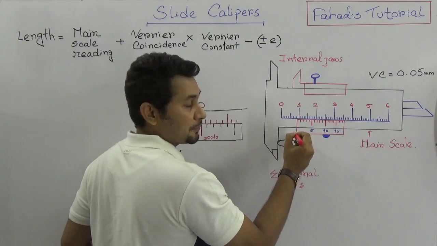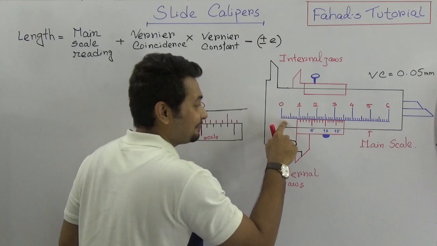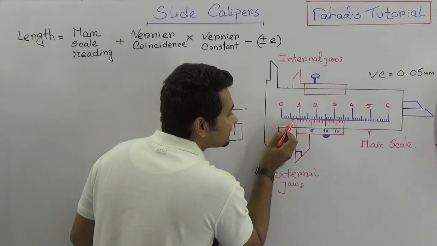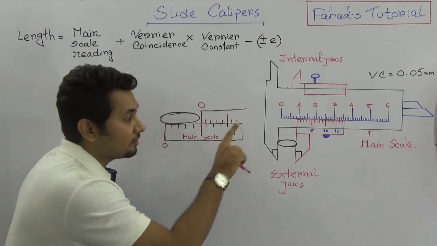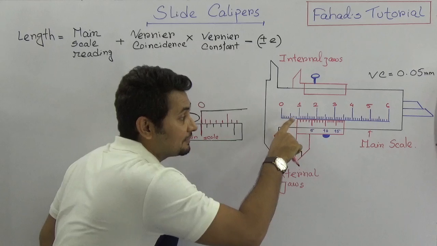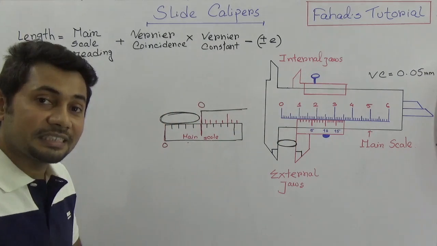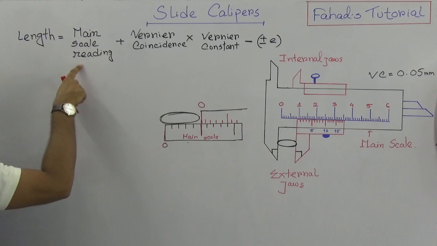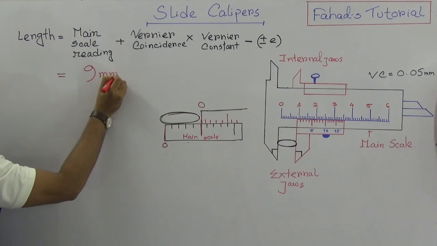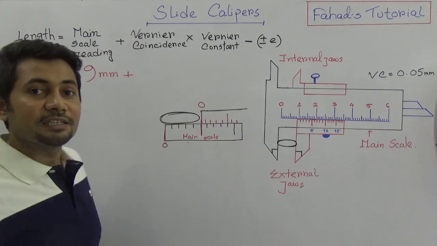Suppose this is the 0. According to this figure, 1, 2, 3, 4, 5, 6, 7, 8, 9. It crossed number 9 of the main scale, so the main scale reading is 9 millimeter.